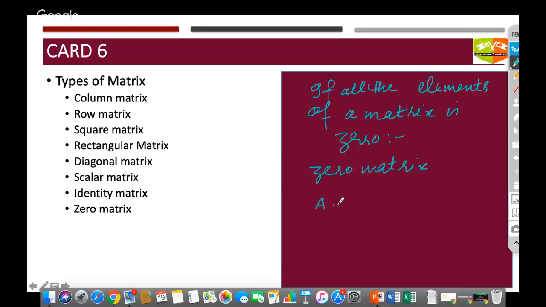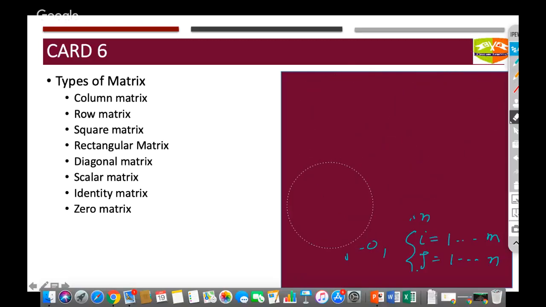You can represent it in normal terms as Aij, m into n, where you can write Aij is equal to 0, where i is from 1 to m and j is from 1 to n. So you can write like this, and you can say that this is a zero matrix.